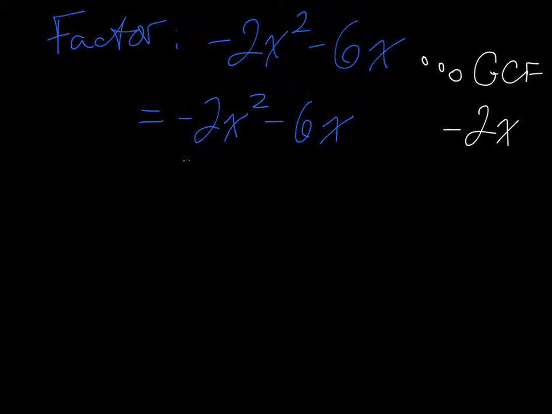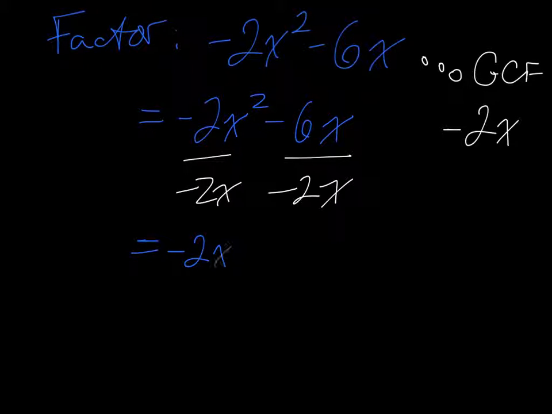Then I'm going to divide all terms by what I'm factoring out. Okay, now I'm ready to divide. First I write out what I'm factoring out and put that in brackets. Next, what's left over after I've factored negative 2x out?